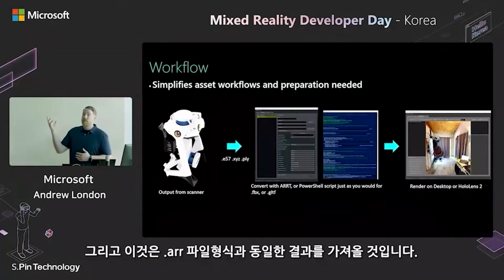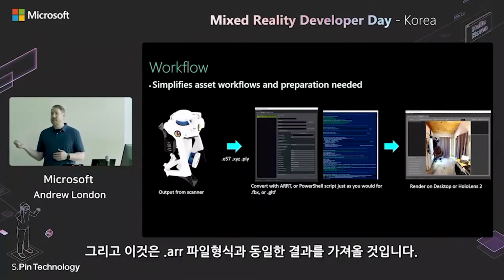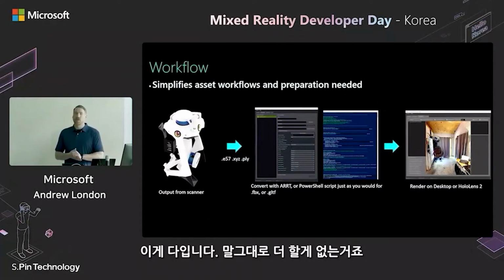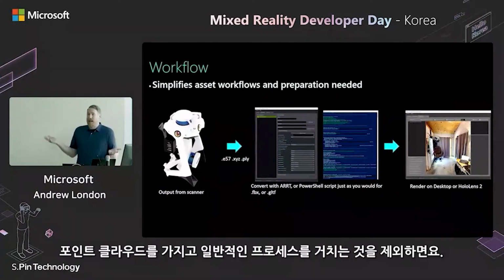And this will create the same output, which is that .arr asset file. Then you can use either the SAS URI for the asset or load it based on blob storage ownership. That's it. So literally there's nothing you have to do except have a point cloud and then shove it through the normal process.